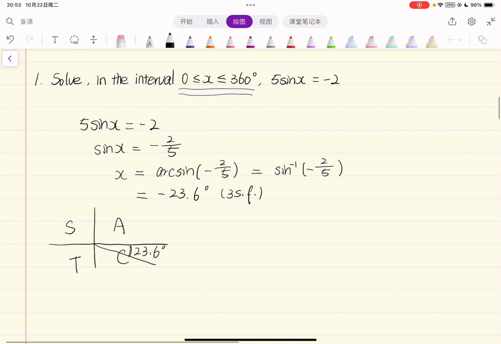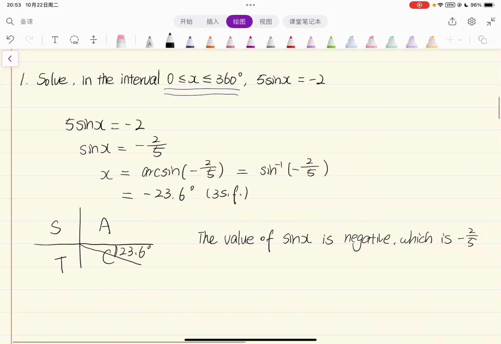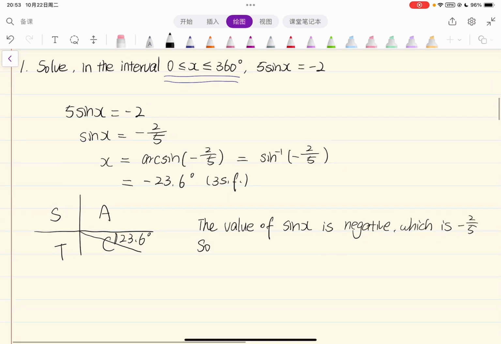And we know that the value of sine x is negative, which is minus 2 over 5. So x should be in the third and fourth quadrant.